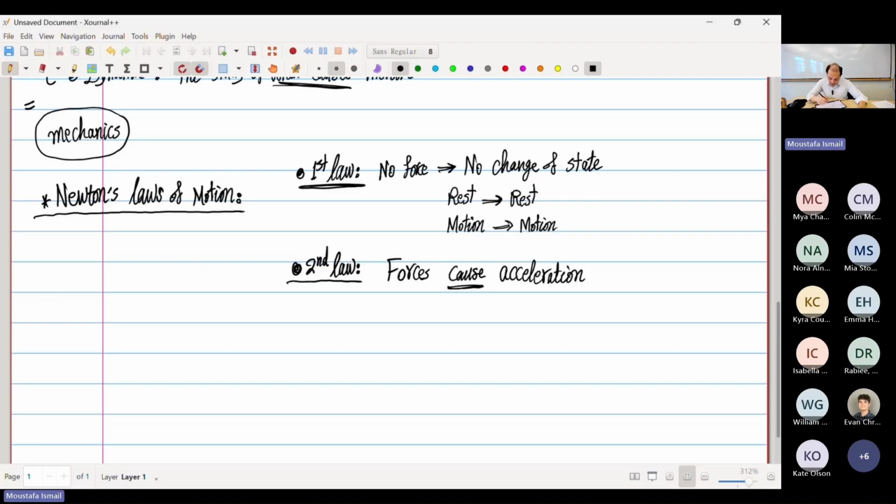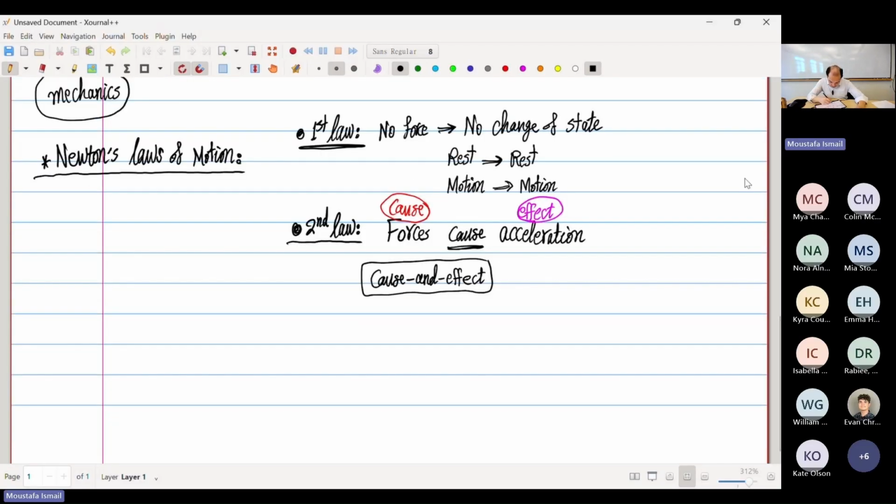It's a cause and effect relationship. The force is the cause, and the acceleration is the effect. Okay? So if a net force acts on an object, it makes it accelerate.